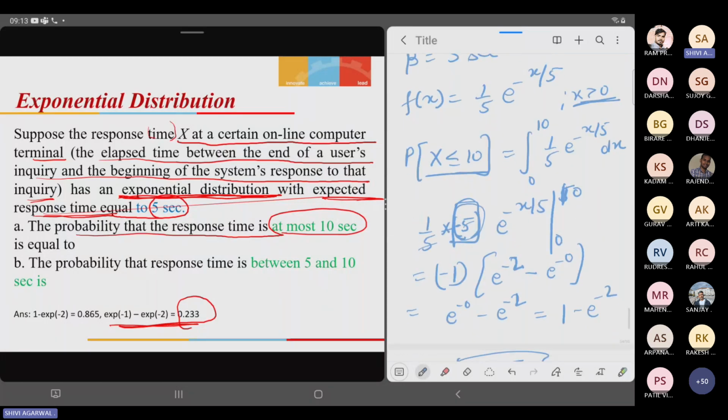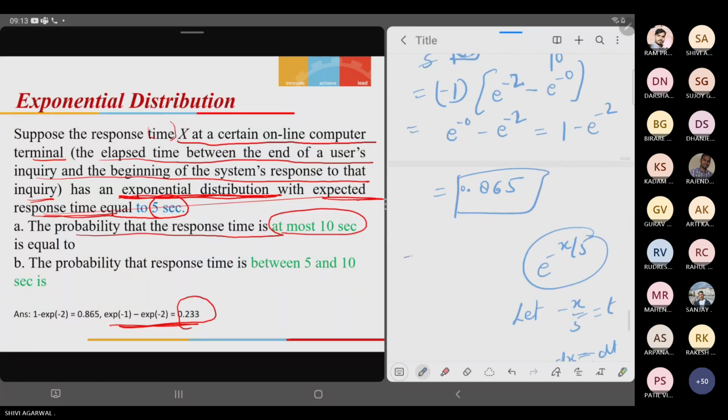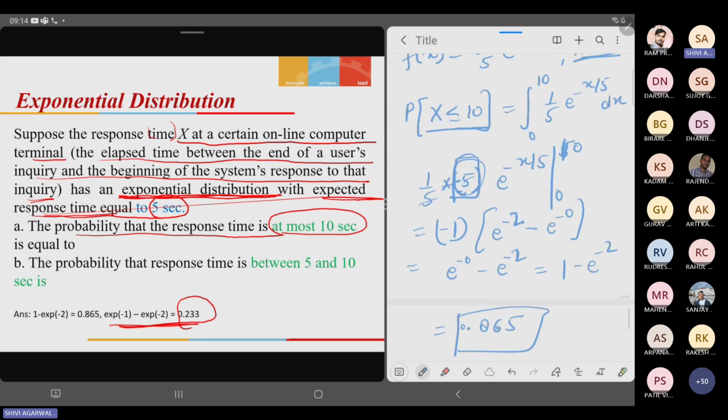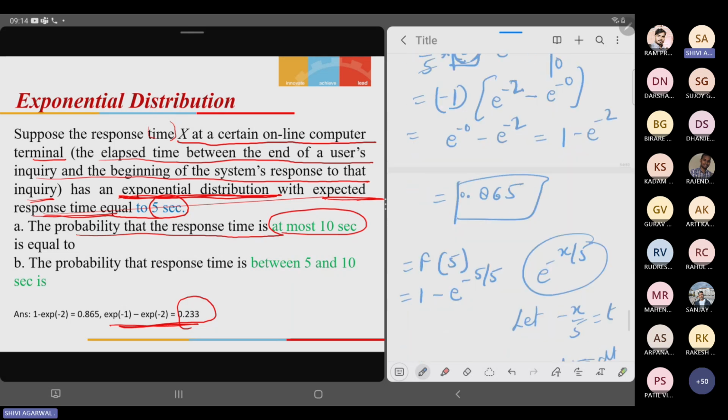So in the CDF it is what? F of 5 directly. F of 5 is e to the power minus 5 by 5. Oh, sorry, it is 10. I always say F of 10. So it is 10 by 5. That is 1 minus e to the power minus 2. Directly by the CDF also you can do it.